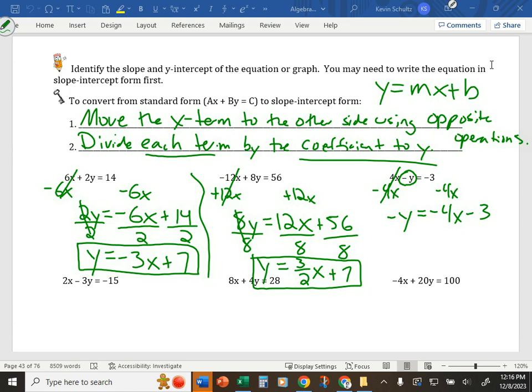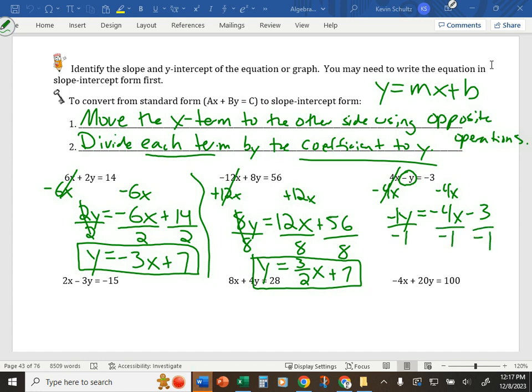Now, we're not done yet because negative y is not the same as y. How do we get that negative y to be positive y? Opposite operation. Divide by negative 1, right? This coefficient, the 1 part isn't written there, but it really is, there's like a negative 1 there. So we have to divide everything by negative 1 to make that y positive.